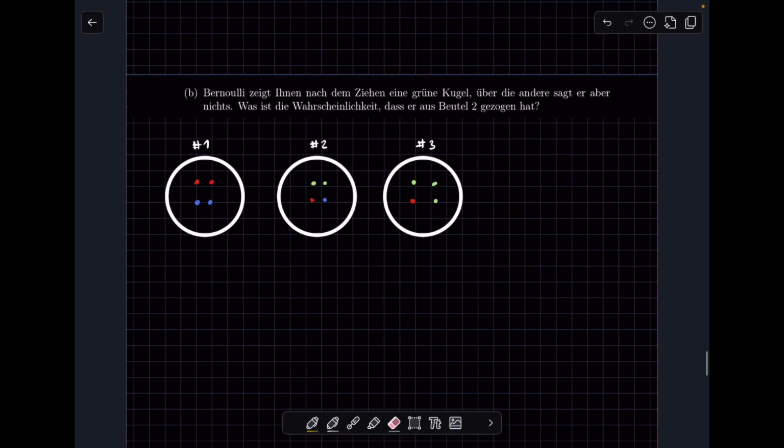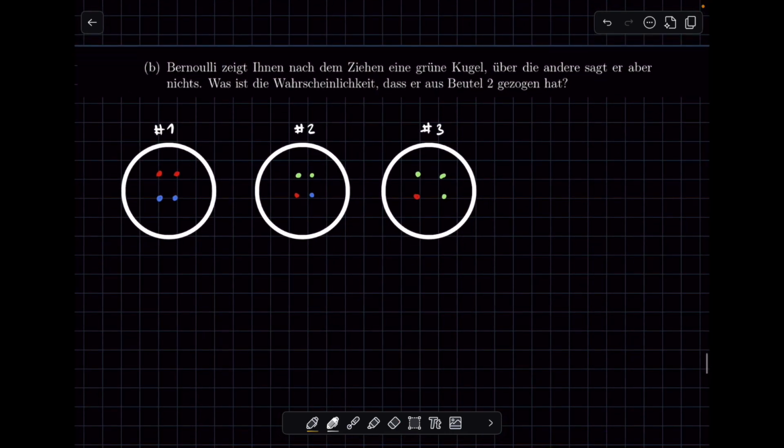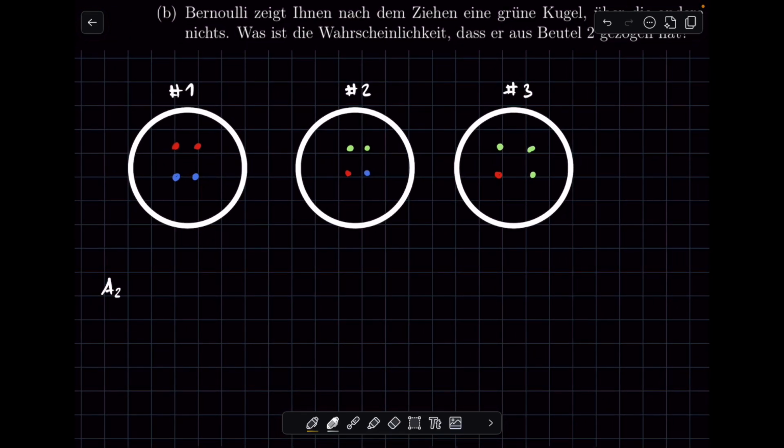So what we do is, let's just declare our events here. Let's say that A2 is 1 green marble, and B2 is simply from bag 2.